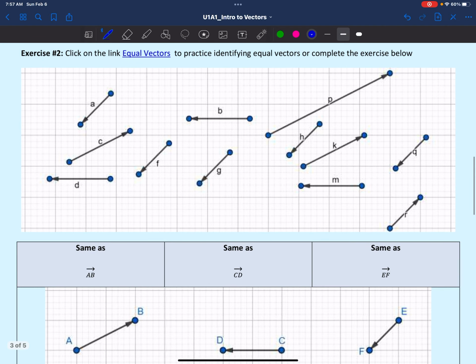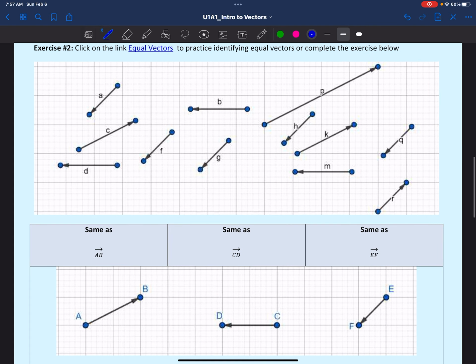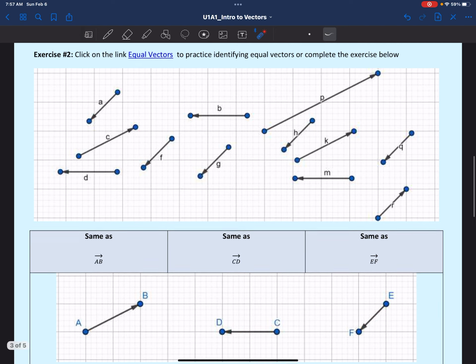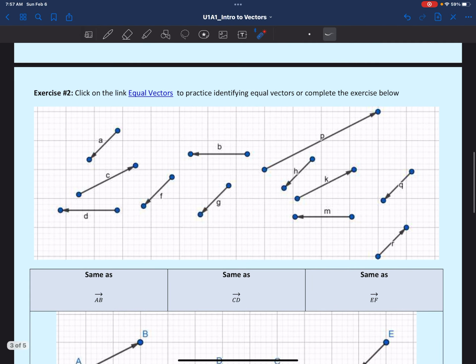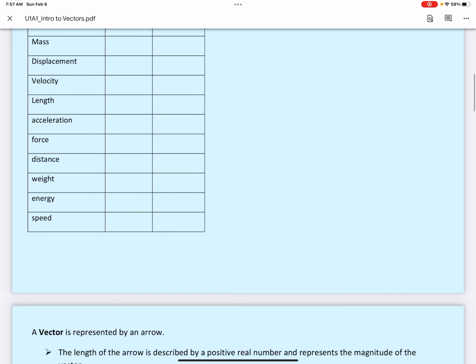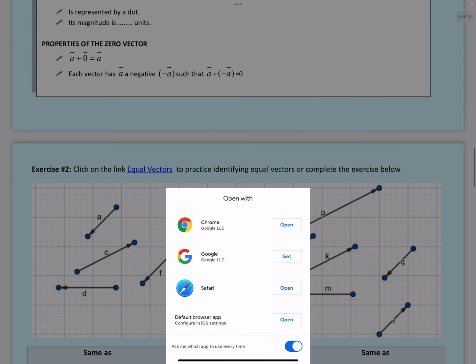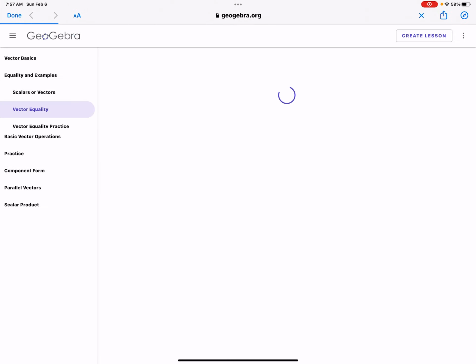So now we're going to take a look at this next exercise and we will describe which vectors are equal to vector AB or vector CD or vector EF. And for this, we're going to take a look again at the GeoGebra activity first, and then we'll complete the exercise on the handout.